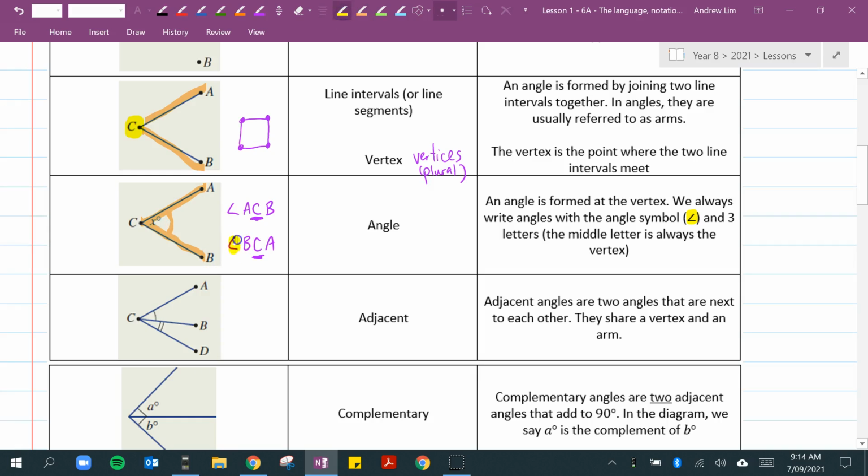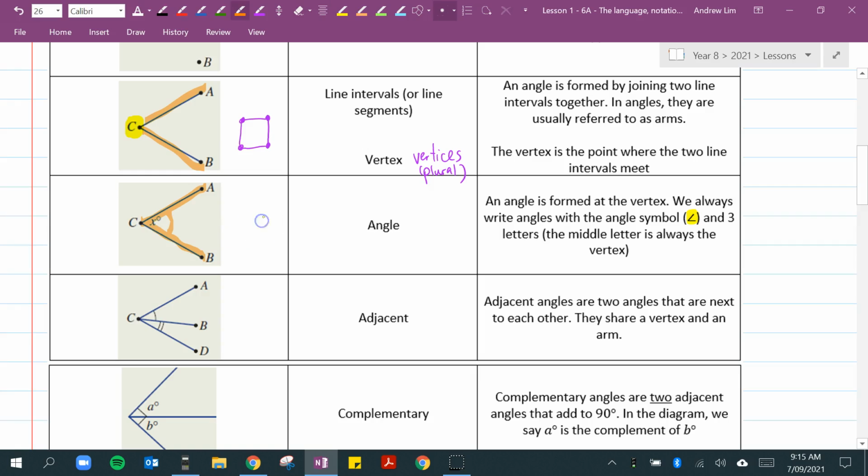So this is the symbol for angle, and the middle letter has to be the vertex, and there has to be 3 letters. We do not use angle C. We don't use just 1 letter. We always refer to the angle using 3 uppercase letters.